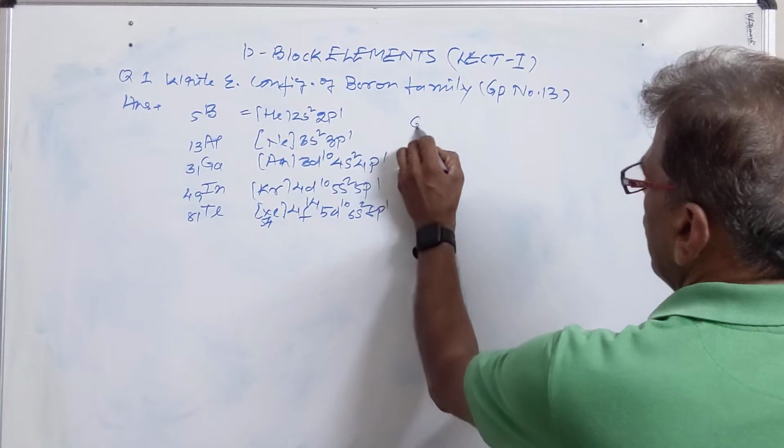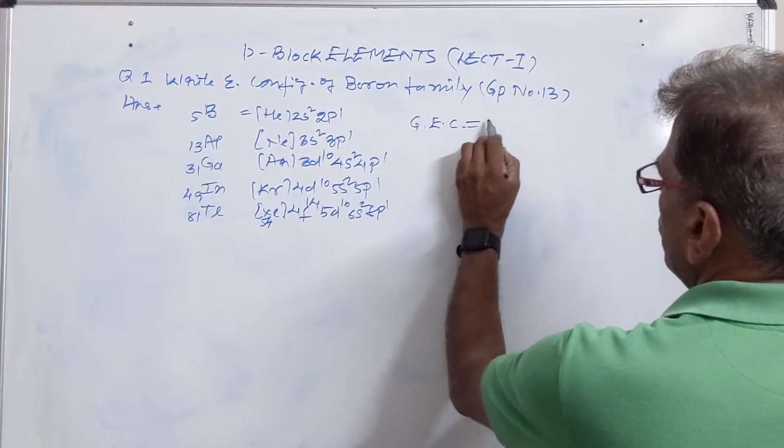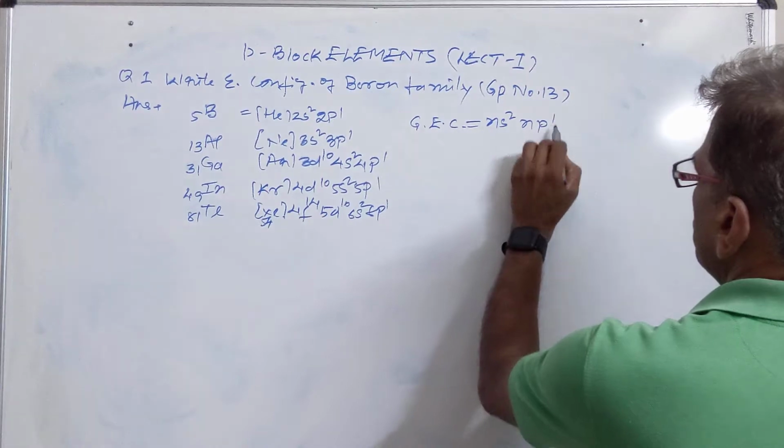So they have the general electronic configuration of ns2 np1.